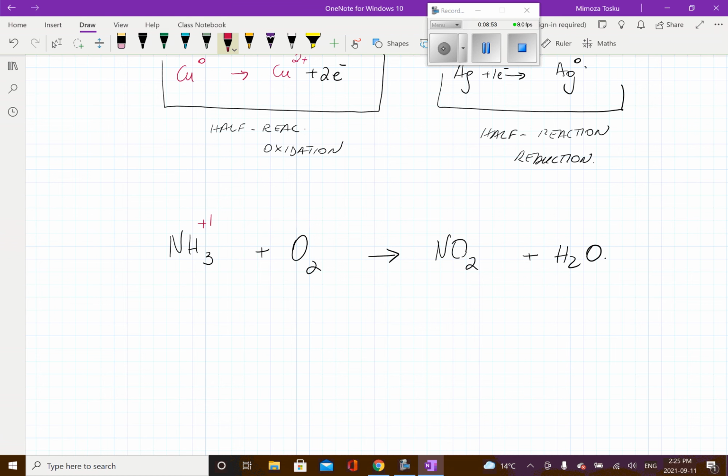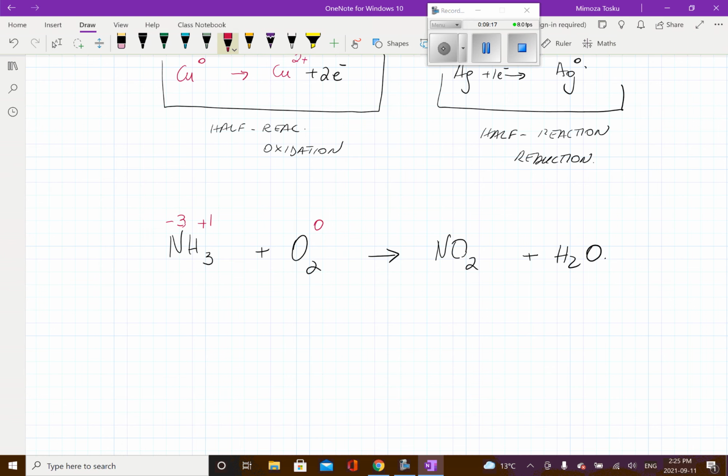Since we have 3 hydrogens, 3 times +1, in order to have the oxidation number of the whole NH3 equal to 0, nitrogen will become -3. And for oxygen that is an element, the oxidation number will be equal to 0.